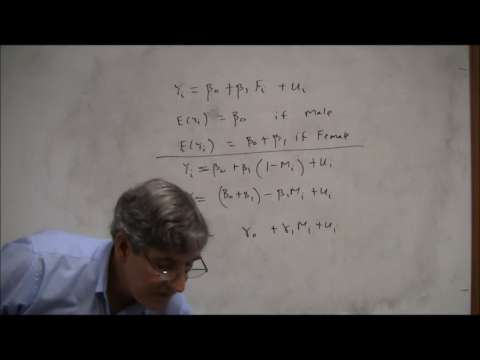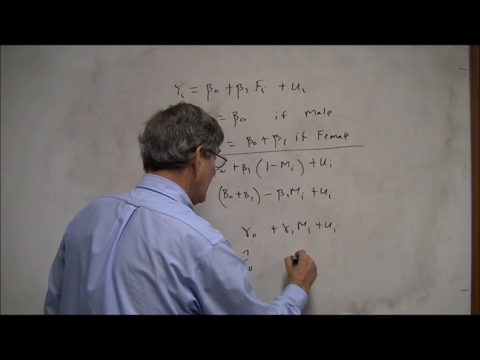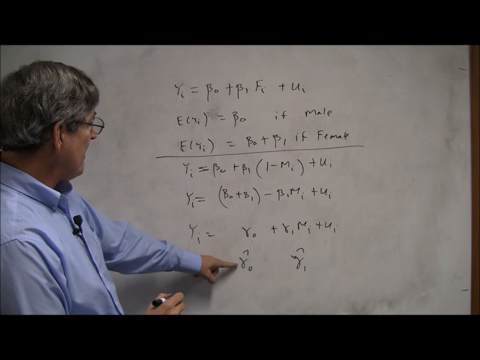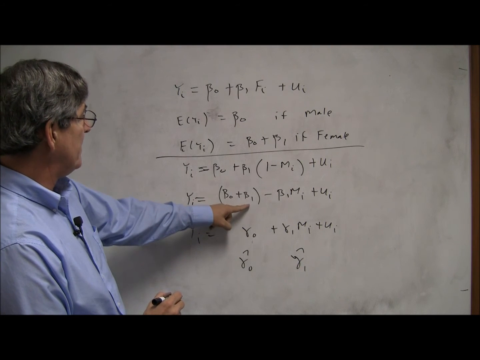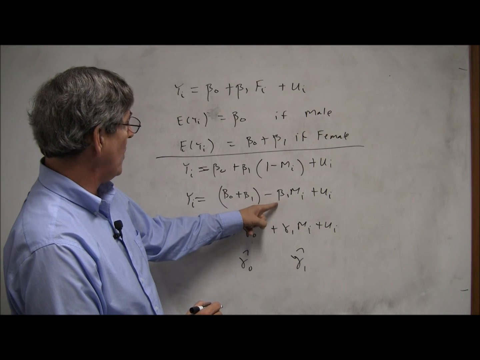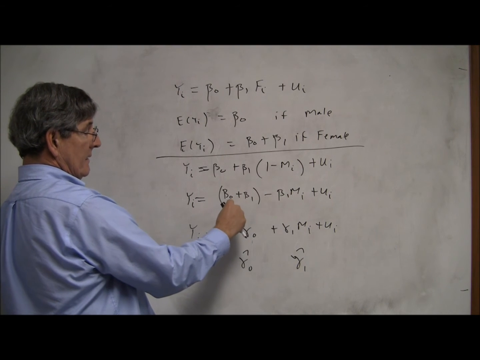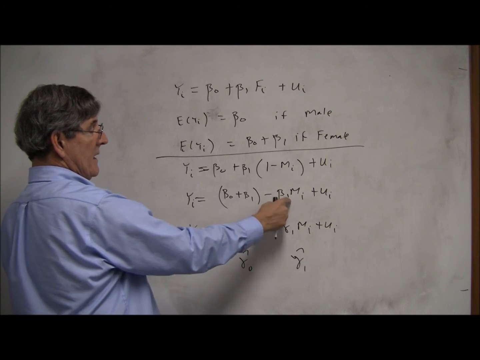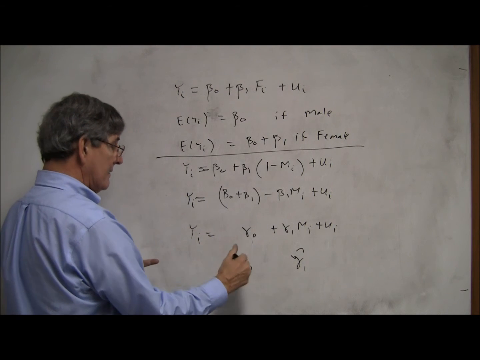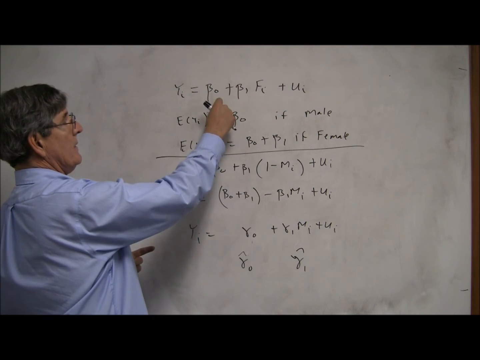If I run this regression and I get gamma naught hat and gamma 1 hat, they'll be exactly equal to: gamma naught hat will equal beta naught hat plus beta 1 hat. Gamma 1 hat will just be the negative of beta 1 hat. You get exactly the same. When it's male, you get beta 0 because you get this plus this minus this, and when it's female, you get beta 0 plus beta 1. So gamma 0 hat is now the estimated effect for a female, beta 0 plus beta 1 from up here.